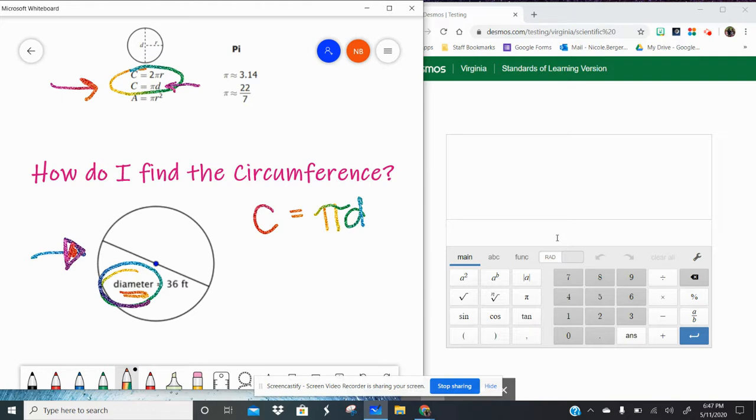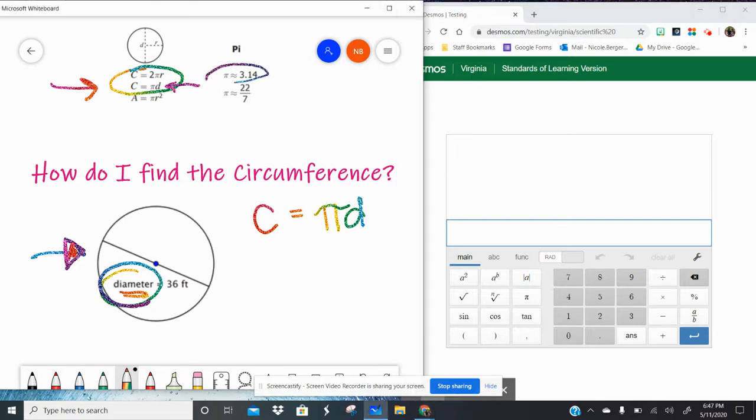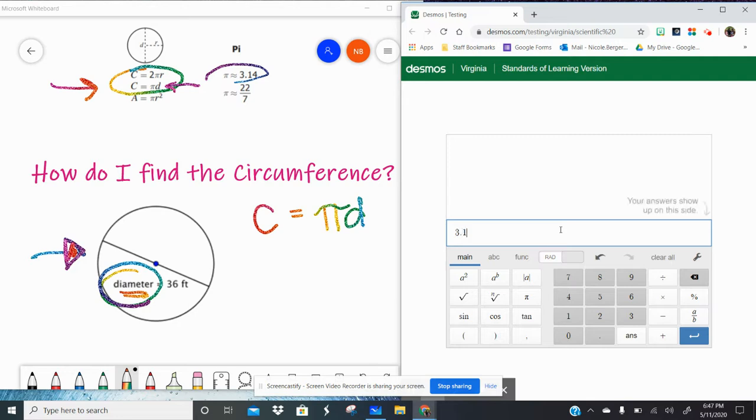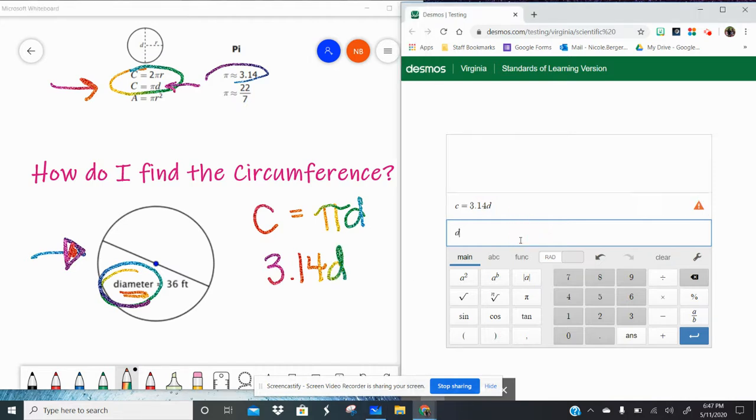I'm going to come over to my calculator. Remember, for pi, we're using 3.14. So in my calculator over here, I'm going to type C equals 3.14D, right? There's my formula. Then I'm going to tell the calculator that the diameter equals 36.